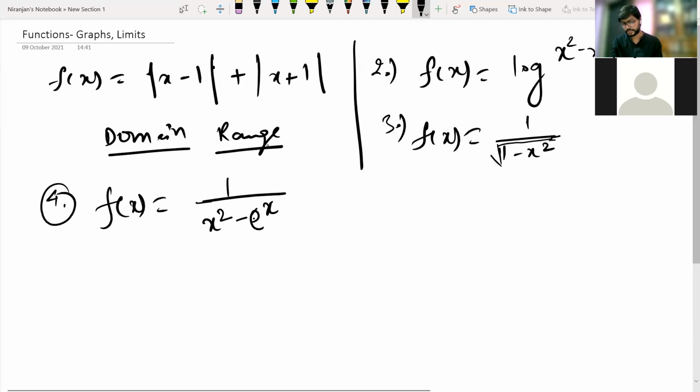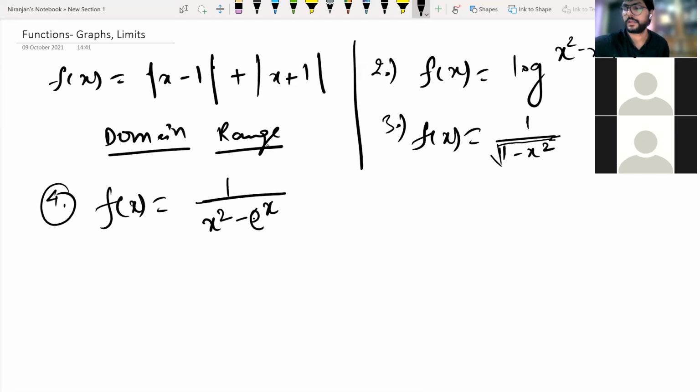What's the answer of the first one? Domain is minus infinity to plus infinity. X can be any value, and range is from 2 to infinity.